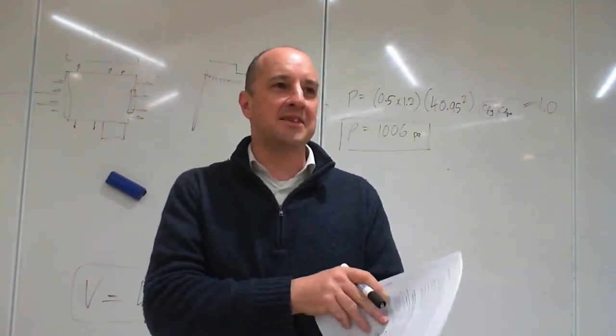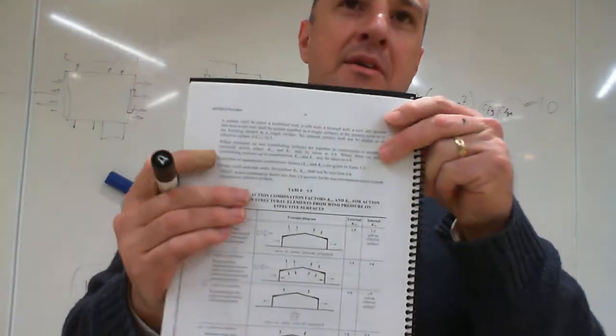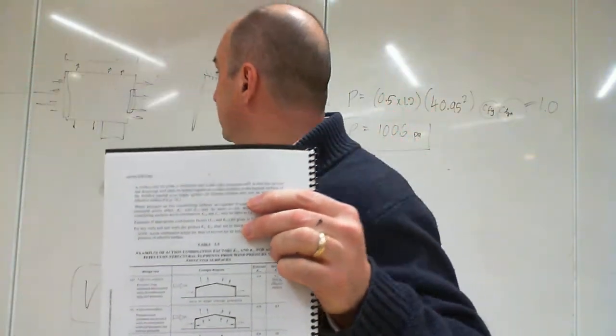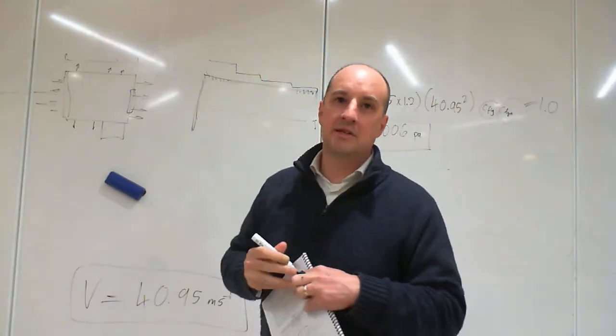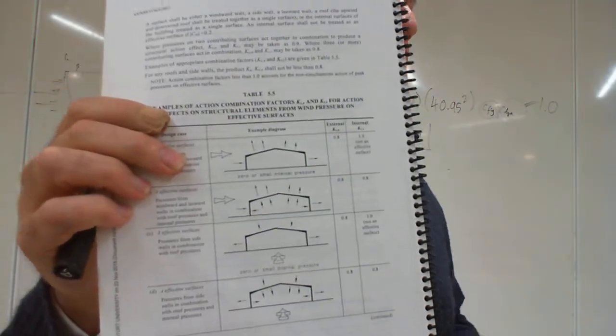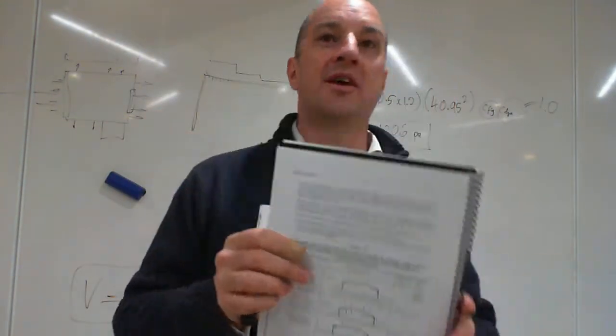There's a few factors in there. So, for example, if you're designing a portal frame and you're talking about the wind in combination on the wall and the roof and the other wall, that's three surfaces at once, you get to use a reduction factor. If you're talking about a big area, you get to use another reduction factor. If you're talking about a small area, you don't get to use that.